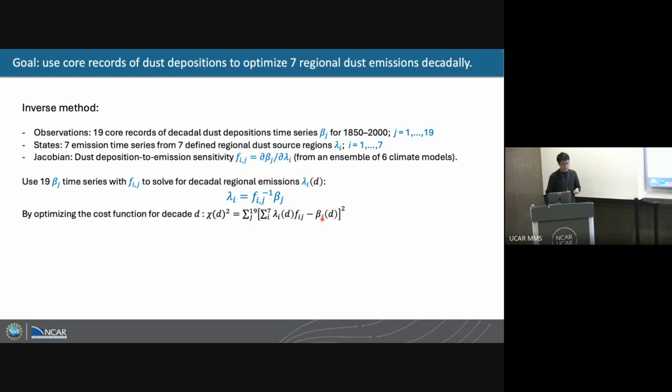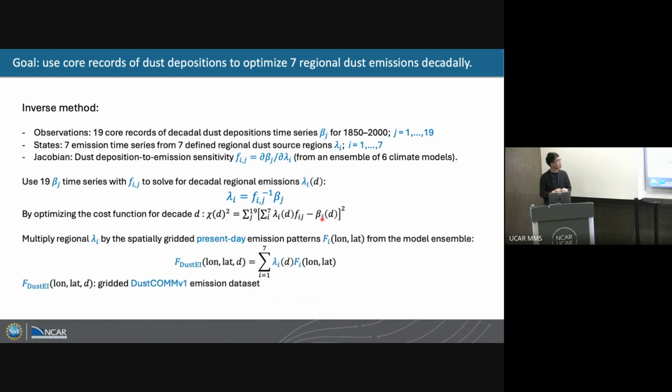And after that, we have those regional time series. We try to downscale it to a spatially gridded dust emission data set by using the simulated present-day dust emission pattern from those model ensembles. So we just scale it decade by decade and region by region. And then we combine them together to form a historical dust emission data set.